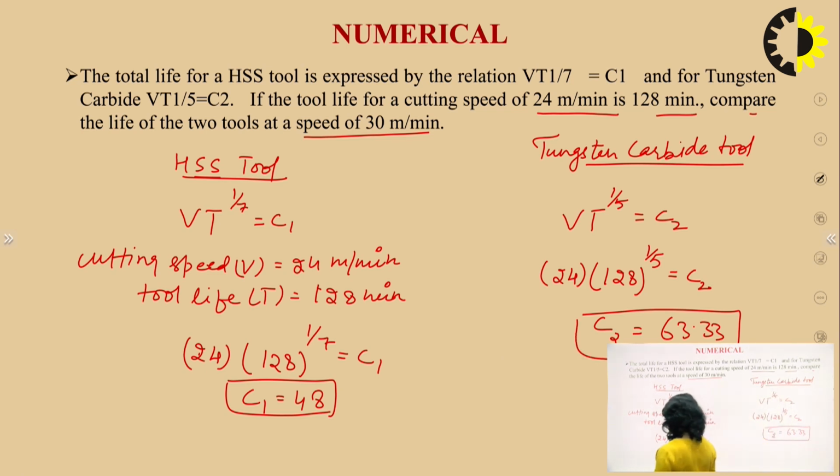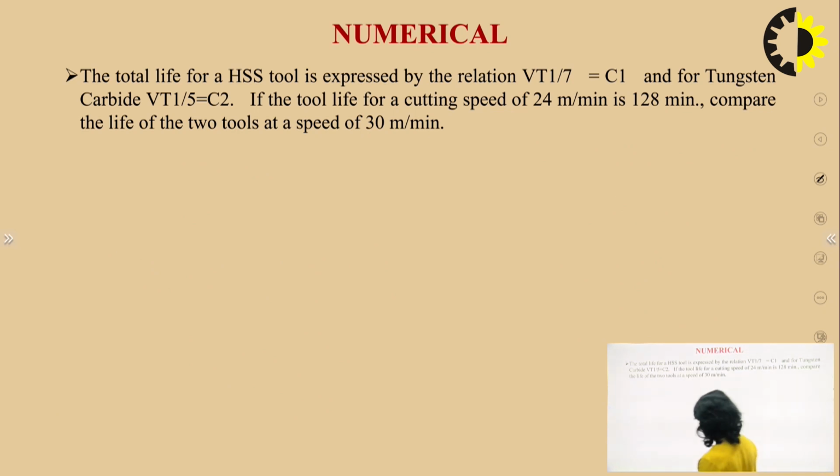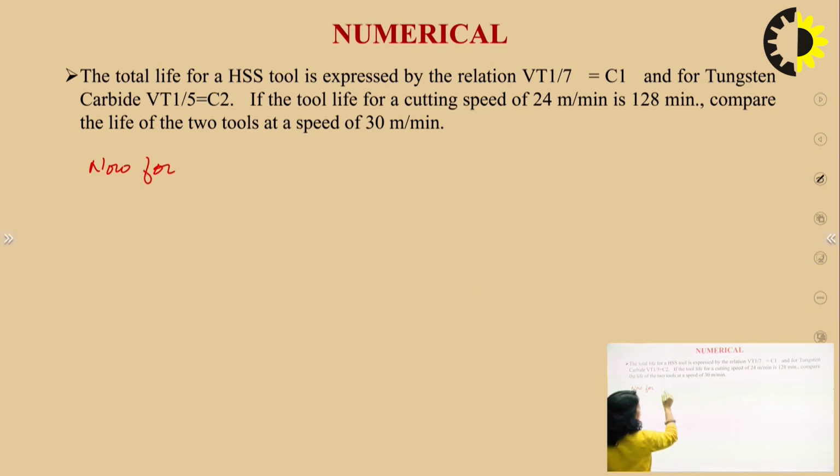Now we want to compare the tool life at the speed of 30 meter per minute. So what will we do? Now for V is equal to 30 meter per minute, what will the tool life equation be?